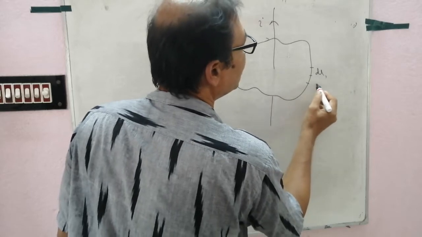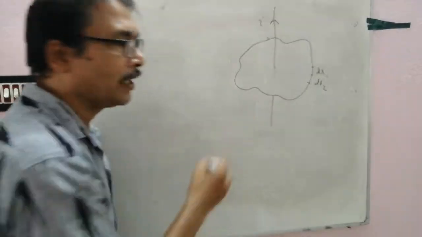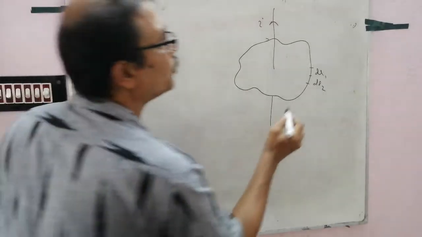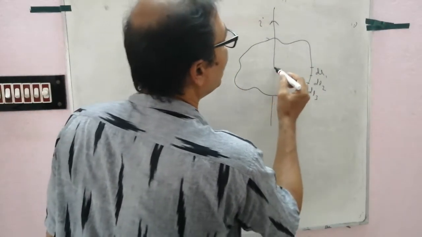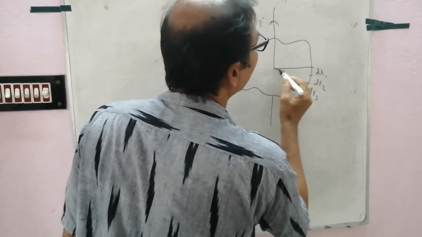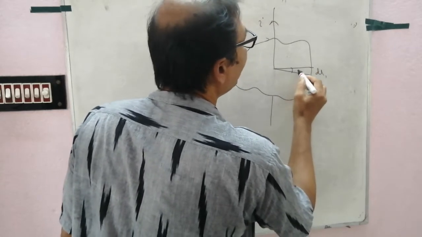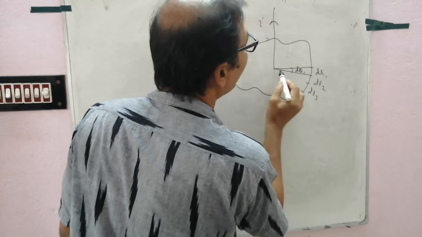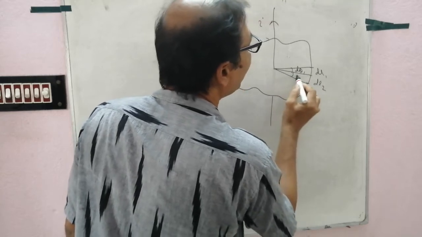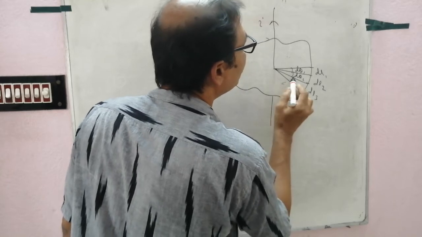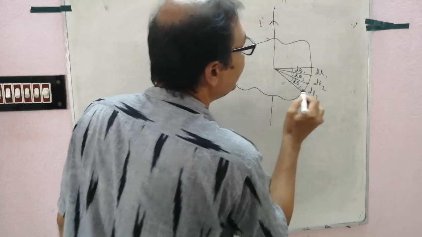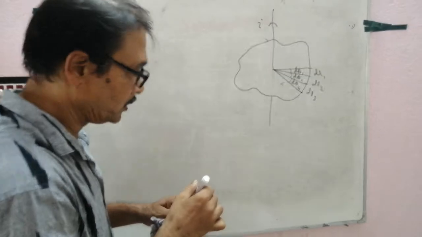This is DL1, this is DL2. All the loop is divided into very small portions. This is DL3 and so on. This angle is d theta 1, this angle d theta 2, this angle d theta 3. Follow?